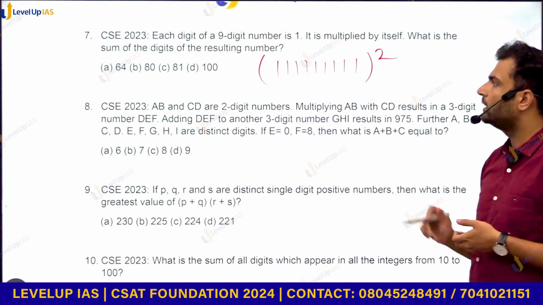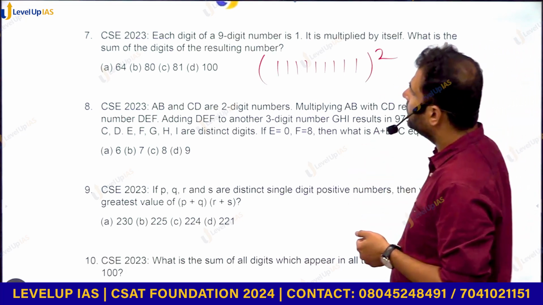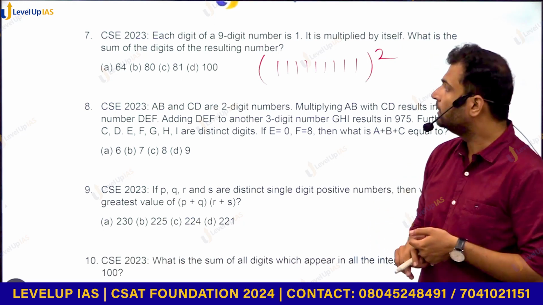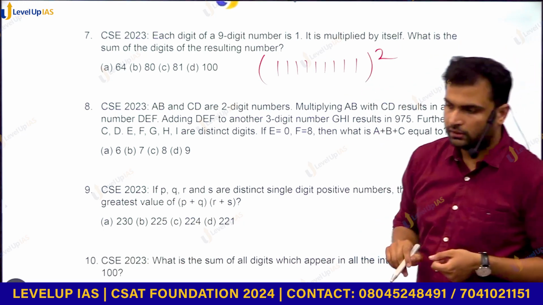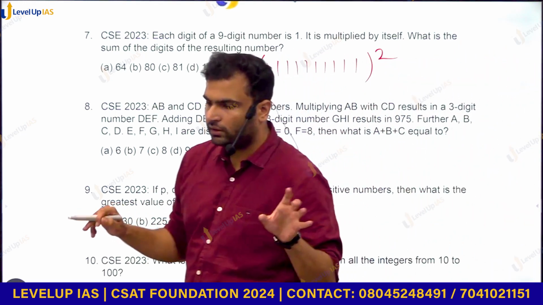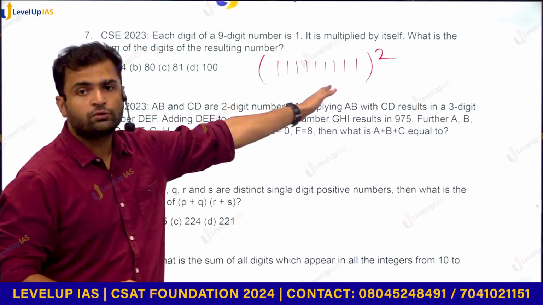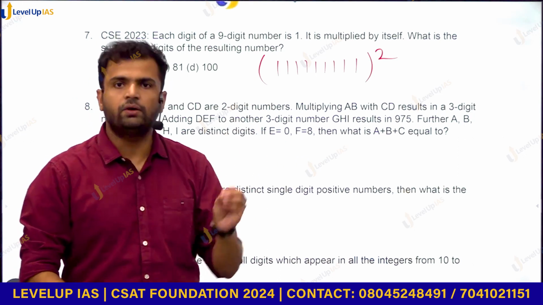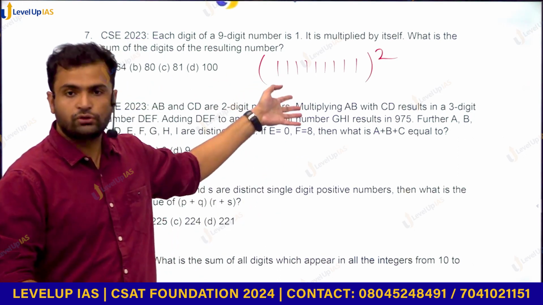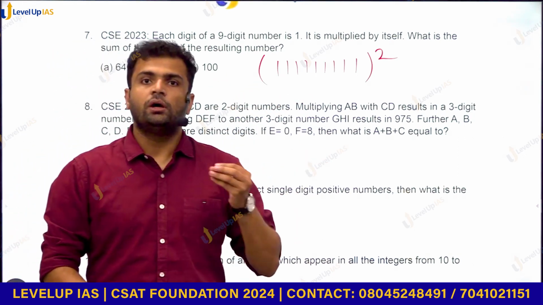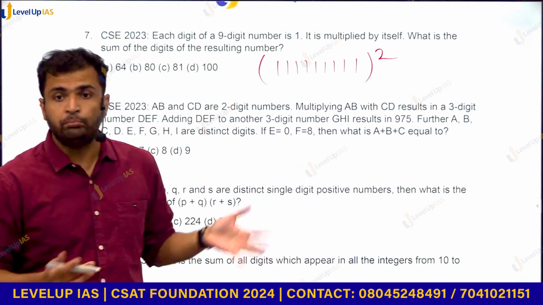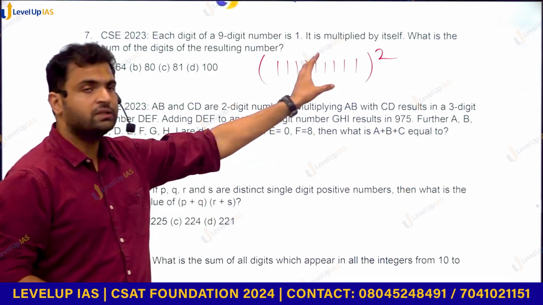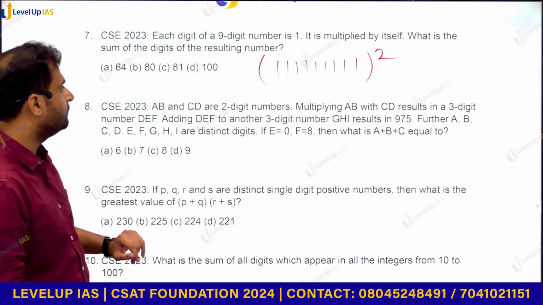So we are asked to square this number, and now we are asked to find out the sum of digits of the square. Now think logically. No one can ask you to find square of this number manually.